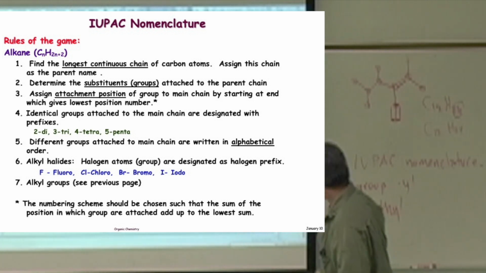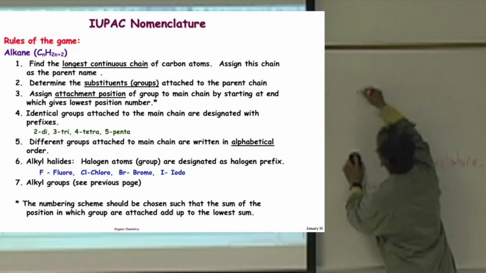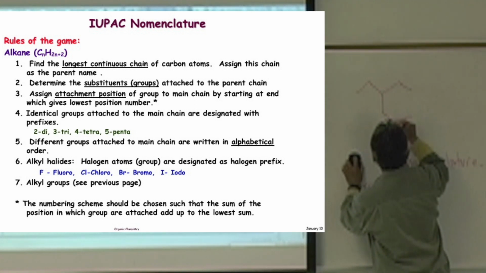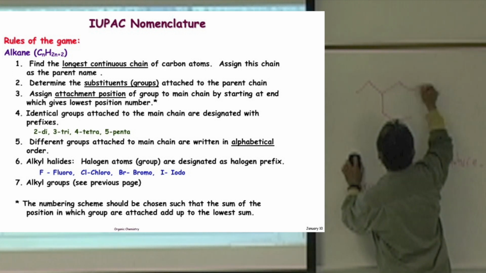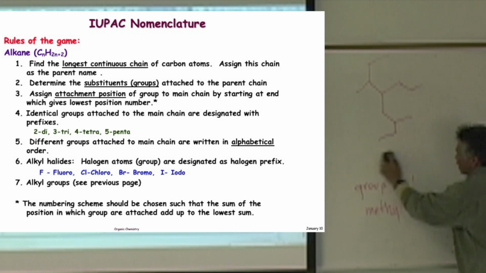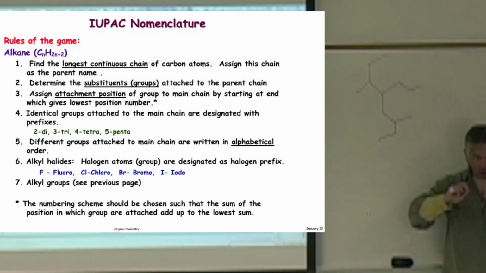I can give you a structure like this, and I can ask you, how many carbons in the longest continuous chain? And the longest continuous chain is just a string of carbons.